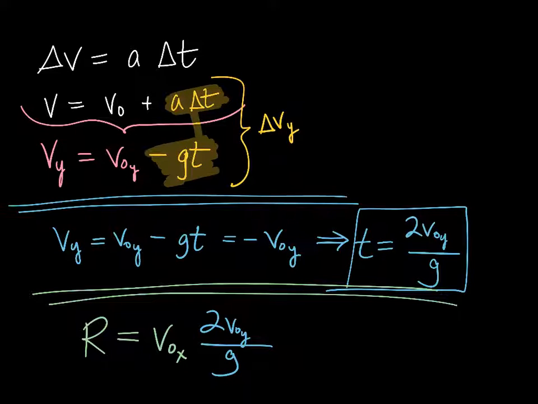I now have an axiom that puts these elements, I can rewrite them, 2 v naught x, v naught y over g. Because guess what every projectile has?